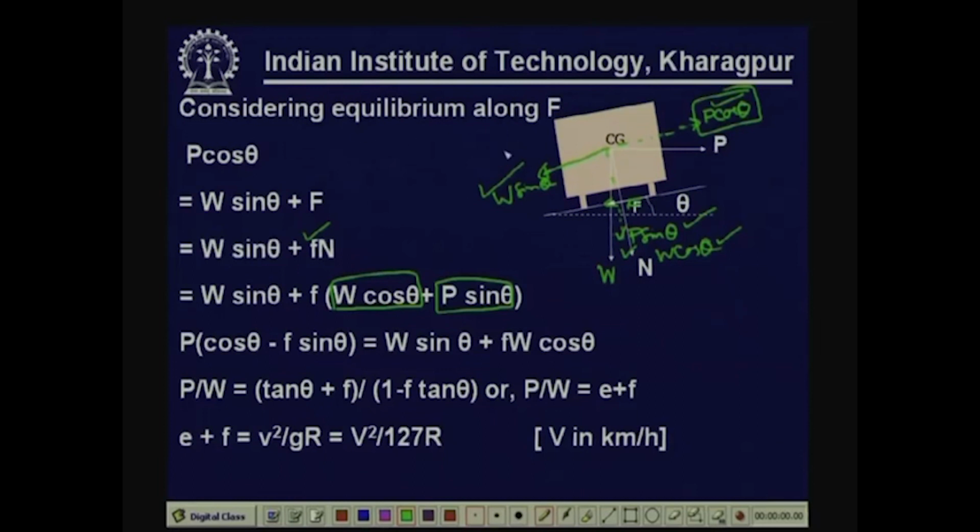So, the equilibrium equation we can write like this: P cos theta equal to W sin theta plus f, the coefficient of friction, into P sin theta plus W cos theta.